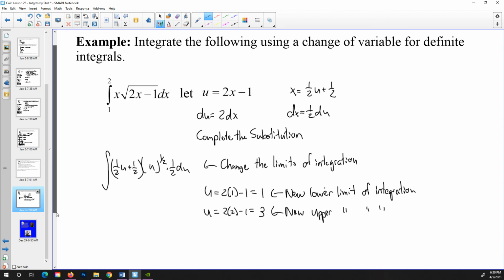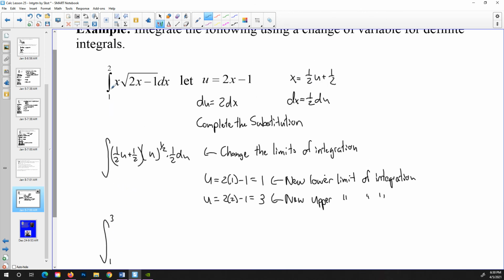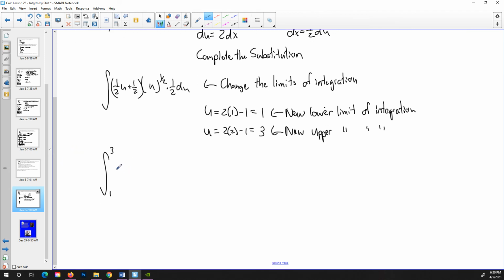And what that's going to do for us is let me go from 1 to 3 now, instead of 1 to 2 in the original, and I'll have this 1/2 u plus 1/2 times u to the 1/2 times 1/2 du.